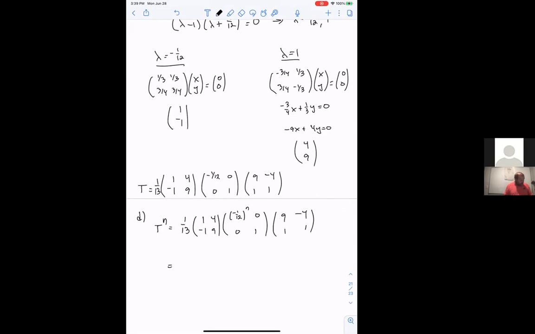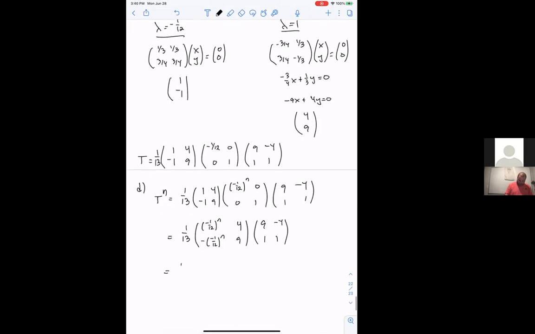Which equals 1/13. So I get negative 1/12 to the N, negative of negative 1/12 to the N. Is that correct? Yeah. 4, 9 times 9, negative 4, 1, 1.